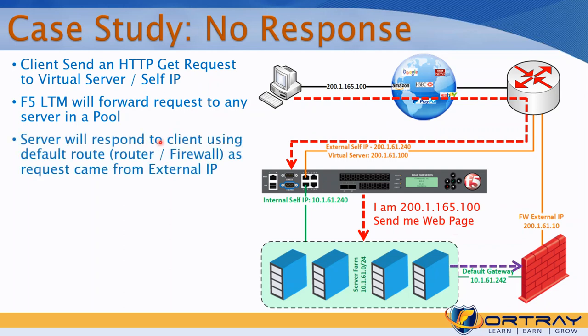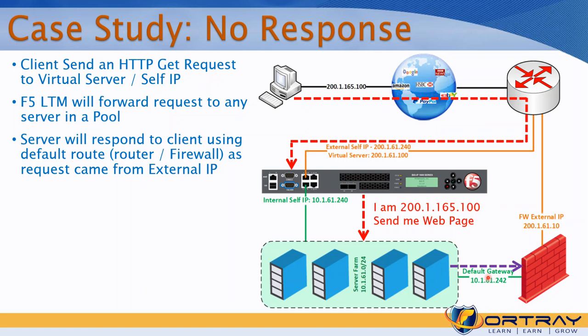The server will respond to the client using the default router. So basically what happened, the default route is configured on the server pointing to the firewall. That is most likely the case. When the default gateway is pointing to the firewall, it's a different IP address, because from the firewall's point of view, sometimes the server needs to connect to the outside world, for example for patches and other reasons.